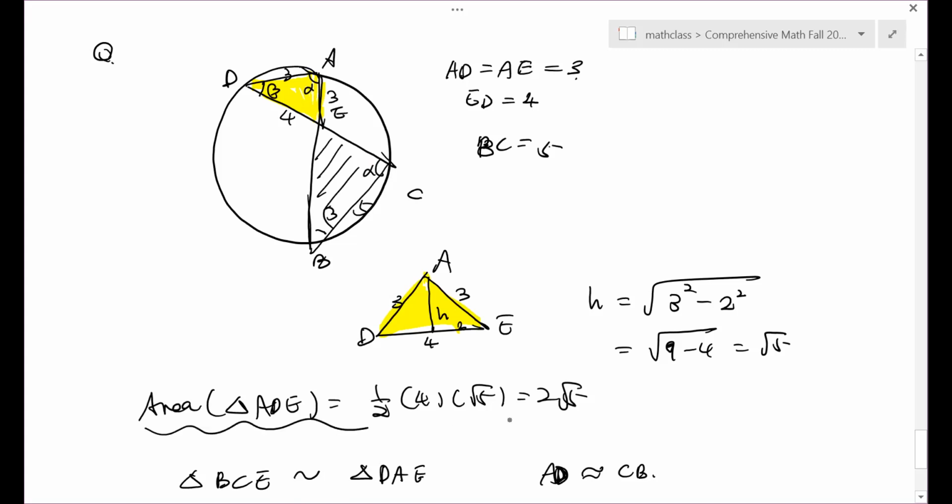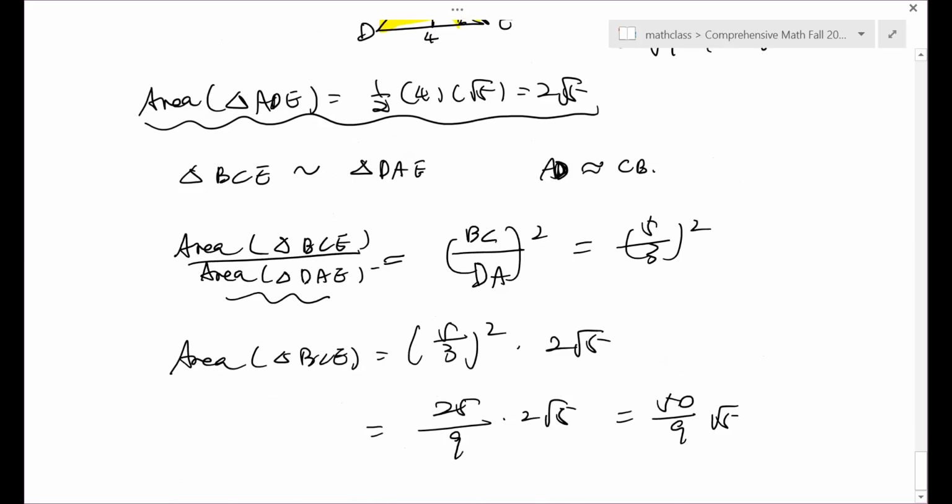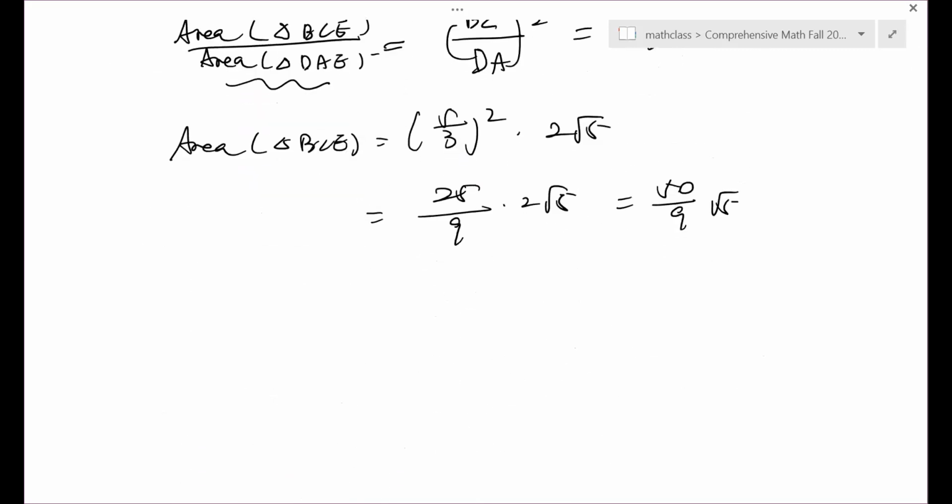So we get the area of the yellow triangle. In geometry, we use similarity many times.